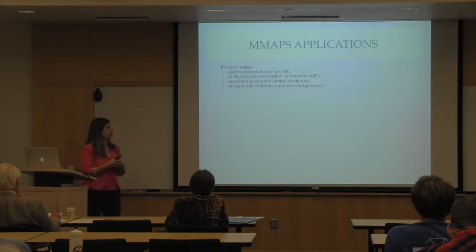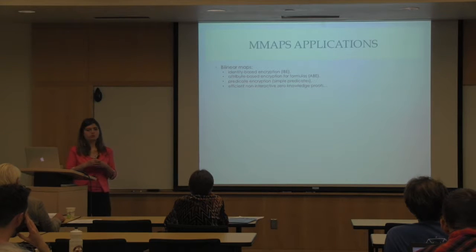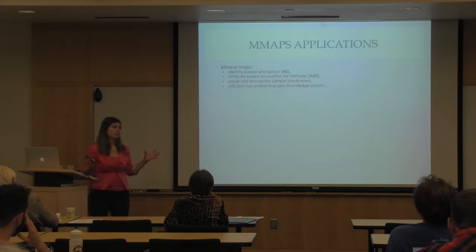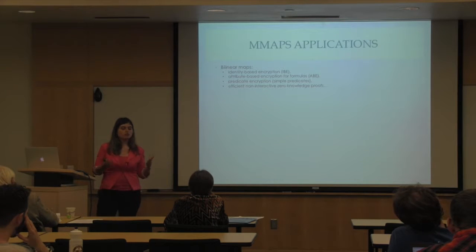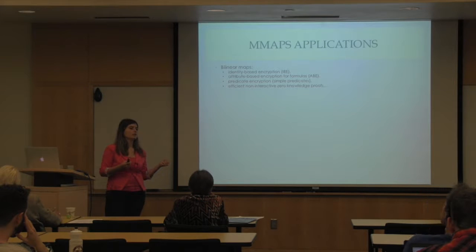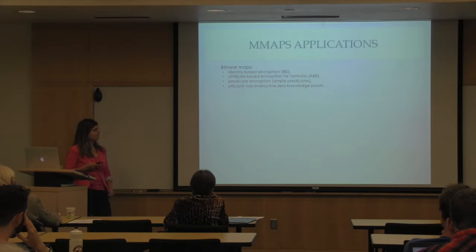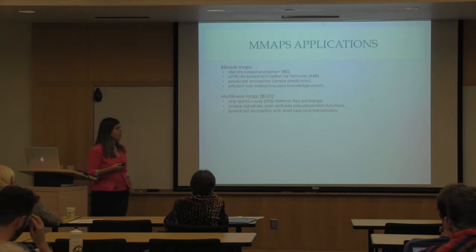Some examples are identity-based encryption, some limited forms of attribute-based encryption, broadcast encryption, and also some efficient monitoring tools. I don't expect you to know what these primitives are, but trust me that these are functionalities that are of great interest, and we were only able to get this with bilinear maps. Now, what happens with multilinear maps?